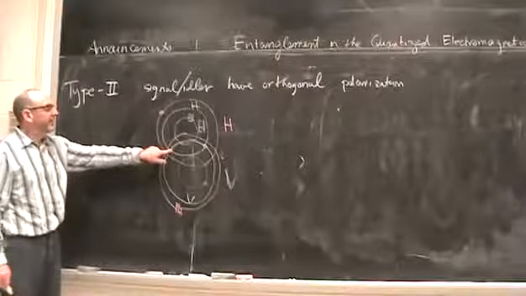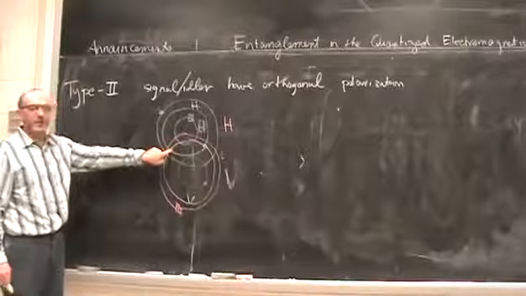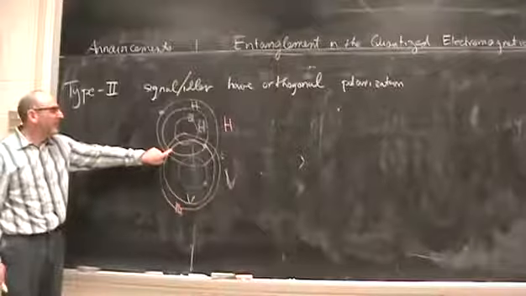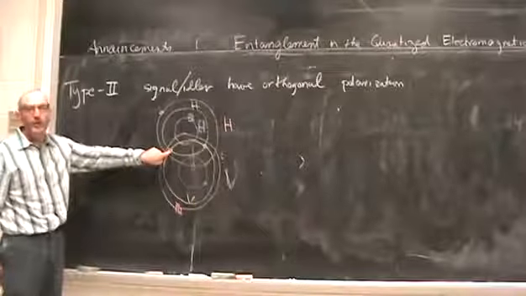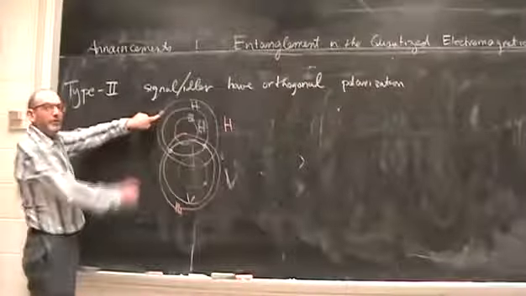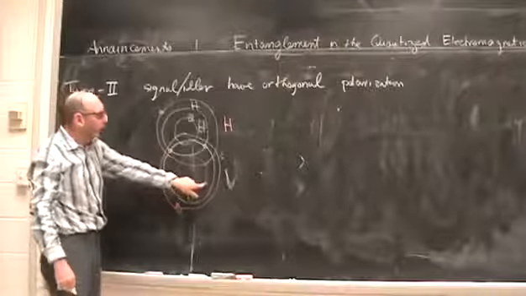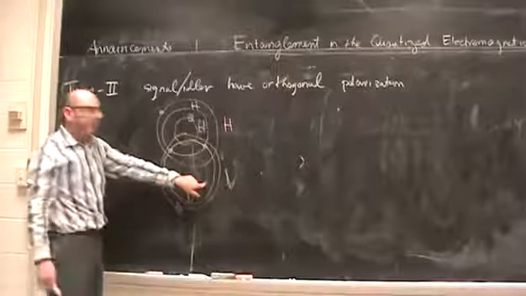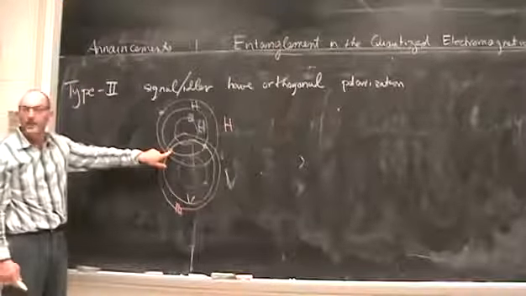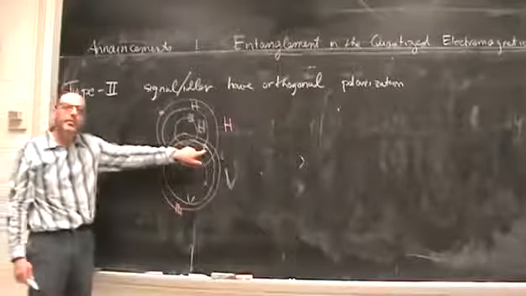If a photon is emitted here in this direction, there's no in-principle way of telling whether this is a vertically polarized photon or a horizontally polarized one. If it was emitted here, I know it's horizontal because that's the only phase matching I can get. And if it's emitted over here, I know it's vertical. But if it's emitted where the degenerate point is, where those two cones cross, I can't tell. There's nothing that tells me whether that photon is horizontal or vertical. The same thing is here.